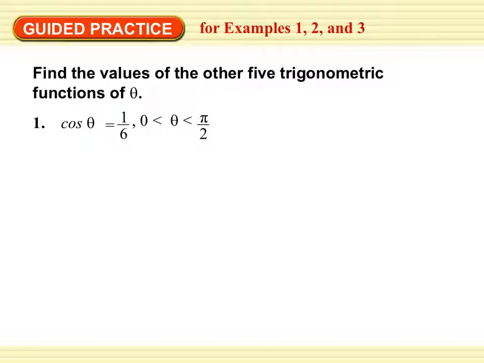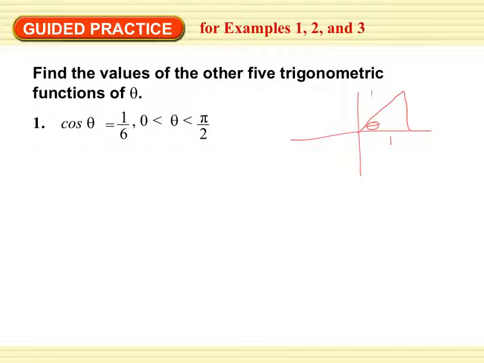Find the values for the other 5 trig functions. Now here, I don't care if you draw something. Well, for that last one we could. We probably can. If you want to, I'm in between 0 and pi over 2, so I'm in this quadrant. So cosine theta is adjacent over hypotenuse.